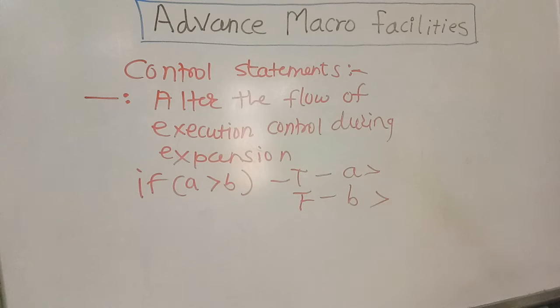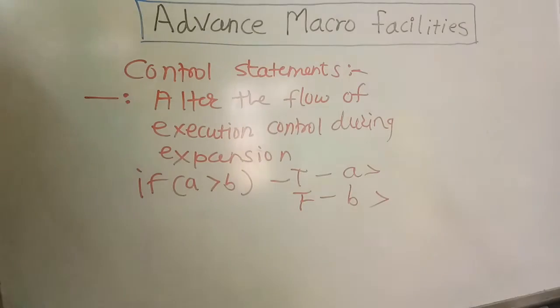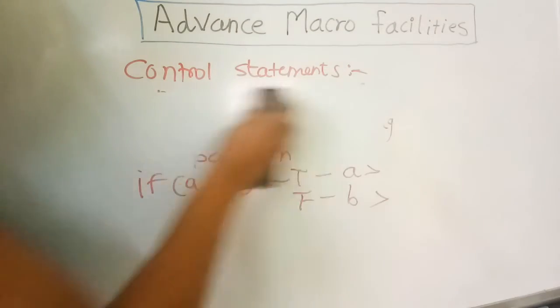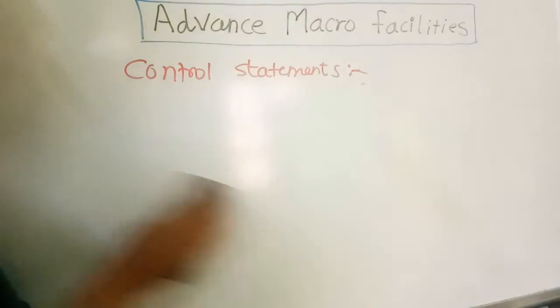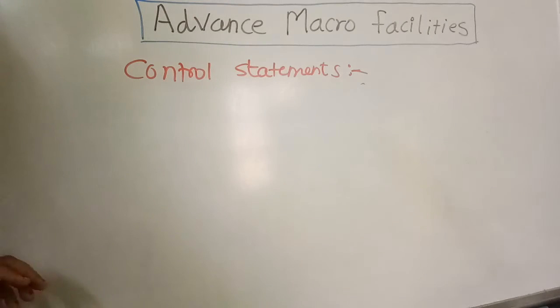Likewise, in this situation, control statements allow you to take some actions according to the statements occurring at that time. So, there are different control statements that are used in macro programming.